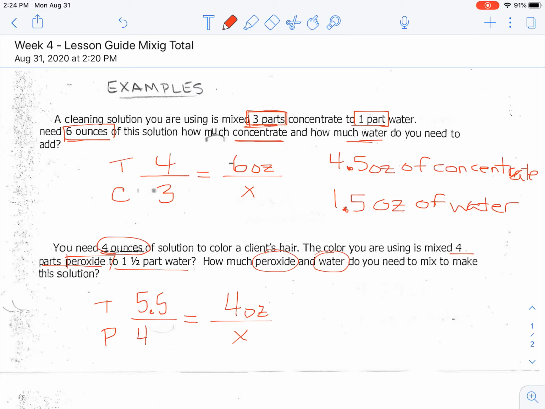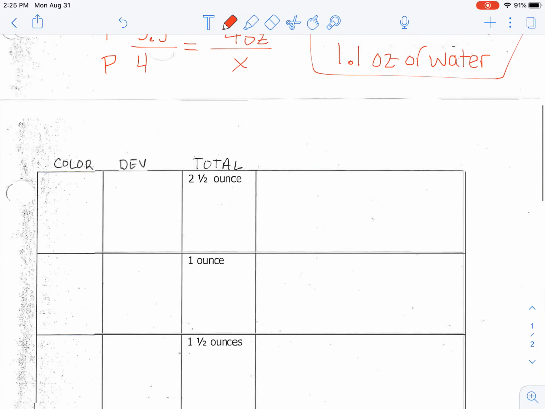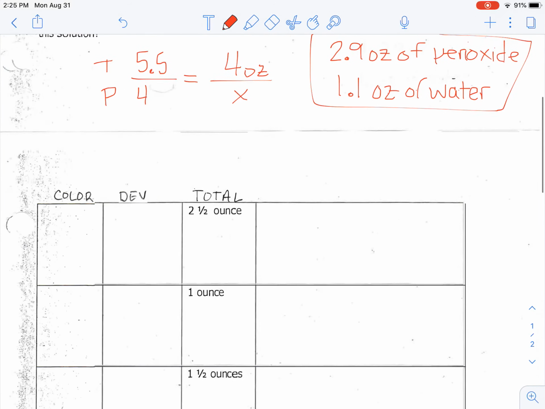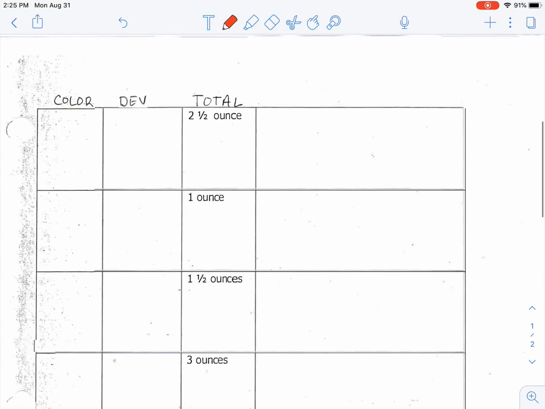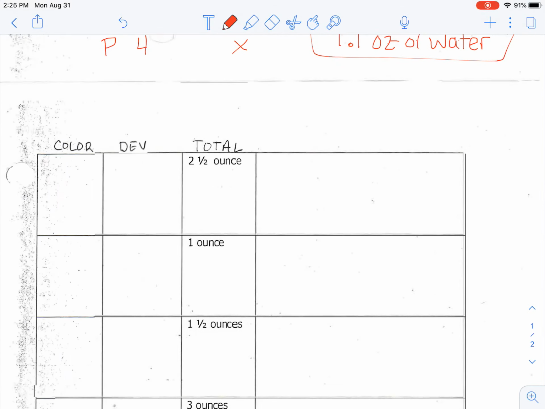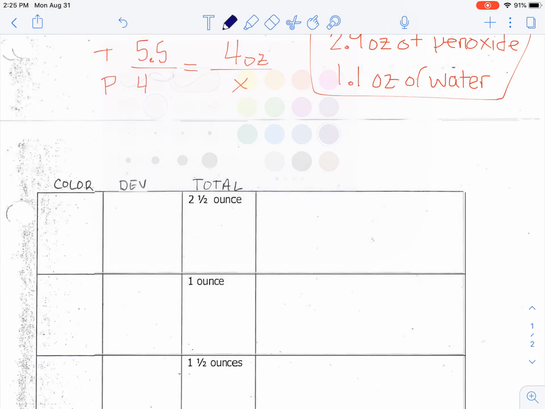All right. I want to do at least one more example here. Down below, you have a little chart. This is using a Loxy color. So a Loxy is mixed 1 to 1.5. That will be the mixing ratio on every Loxy product you pick up.